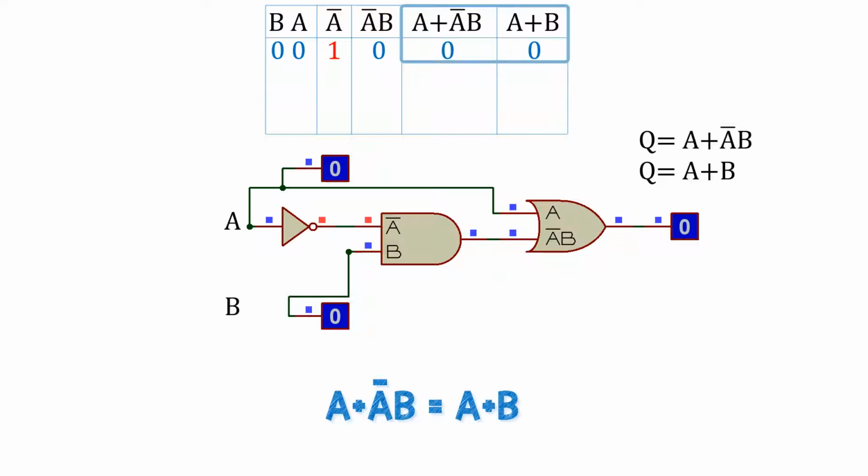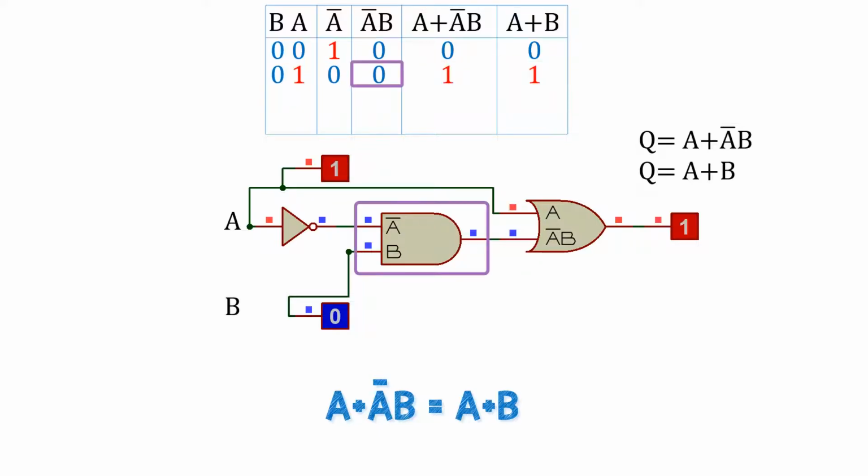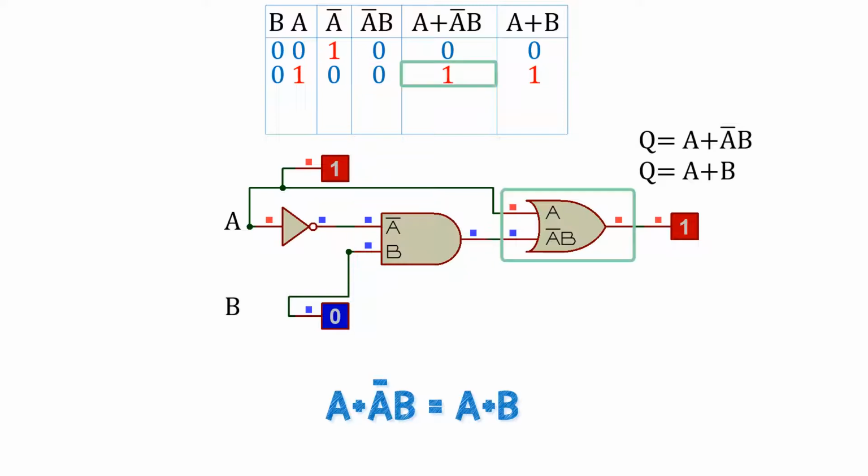So far A or not A and B is the same as A or B, but we need to prove it for every case. So when the inputs are 0 and 1, A is high, so the output goes high through the OR gate. Not A and B is low, but that doesn't matter because A or not A and B is high.